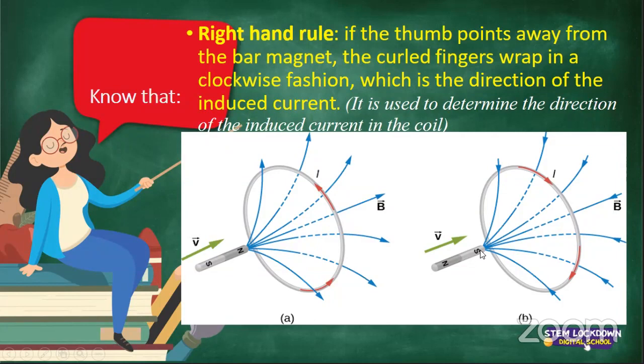So pointing away would mean pointing to the south. So if your right thumb is pointing towards the south, which is this one, your curled fingers will show you the direction of the induced current. So in this instance, it will be clockwise, and in the previous one, it was going anti-clockwise. Right. Now let's carry on.